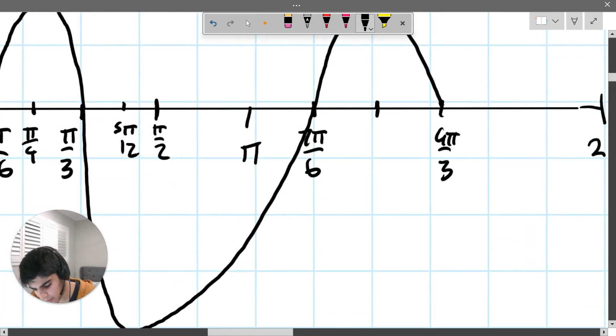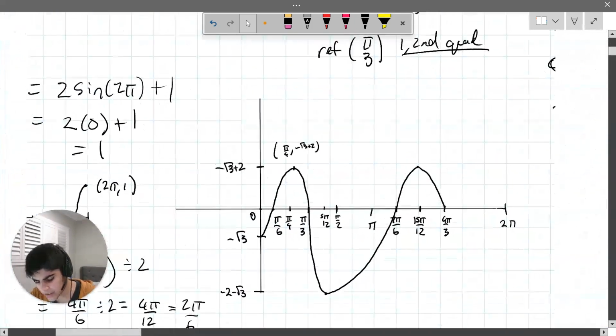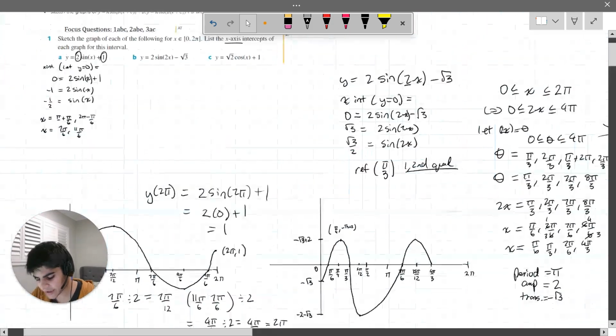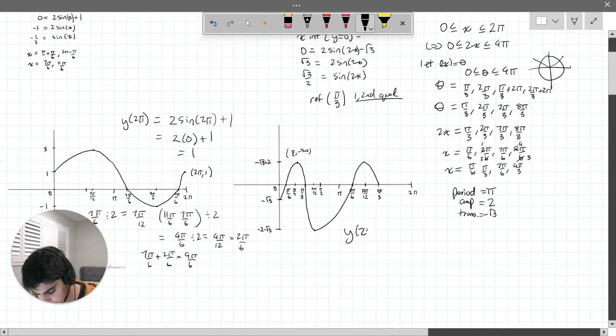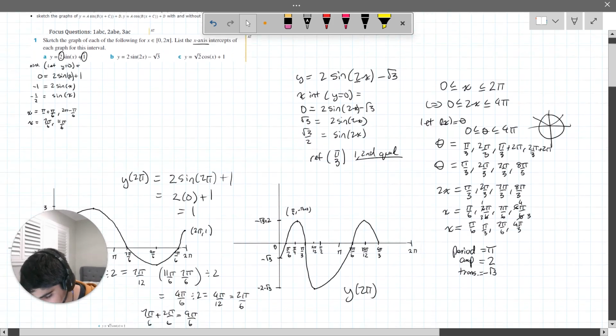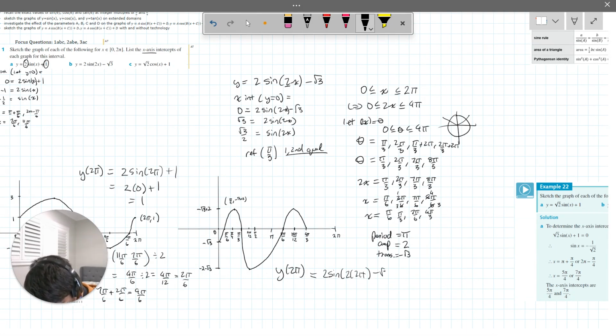Now the midpoint here is 7 pi on 6, which is 14 pi on 12, plus pi on 12, which is 15 pi on 12. And now, because our domain is within 2 pi, we need to find the value at 2 pi. So y of 2 pi equals 2 sine of 4 pi minus root 3.